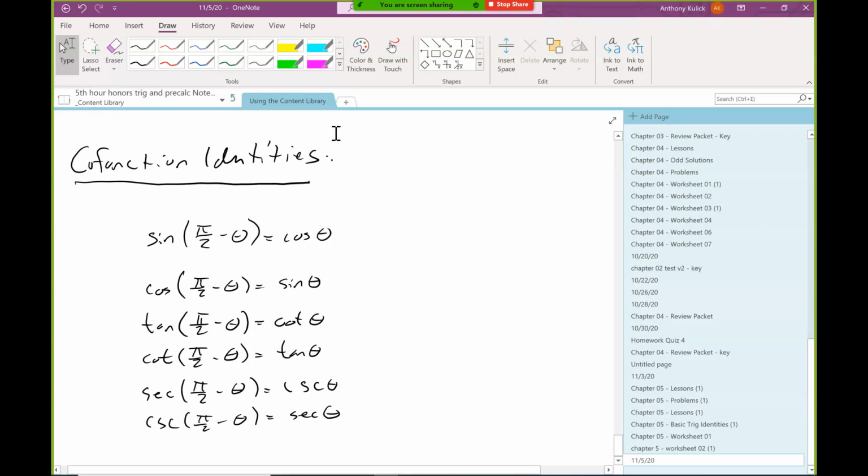So a little explanation, or justification, as to why this is true. Remember that pi over 2 is the same thing as 90 degrees, right? So 90 minus theta is simply the complement of theta. If you go back and think about our unit circle, cosine of 30 degrees is the same value as sine of 60 degrees, right? That's square root 3 over 2 in either of those locations.